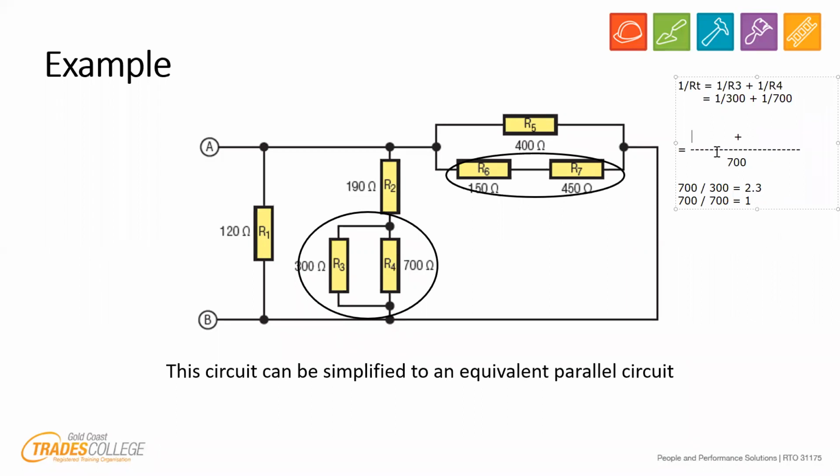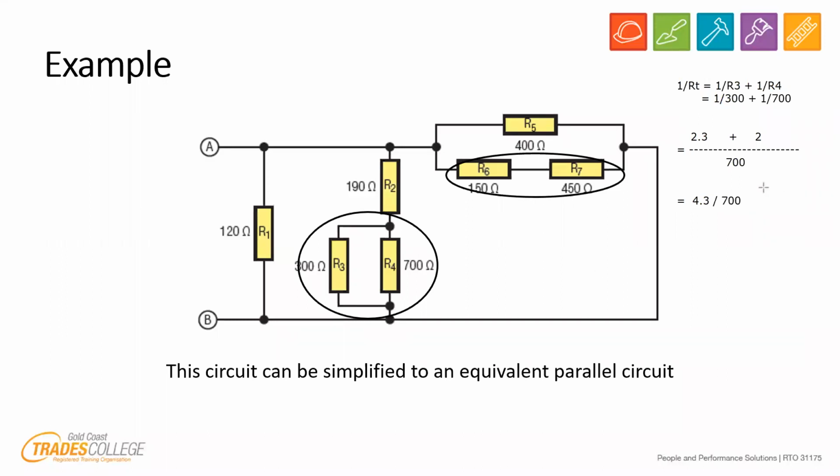Let's write those in at the top. So I got 2.3 and 1. That leaves us with 4.3 over 700. This is where a lot of people make silly mistakes.